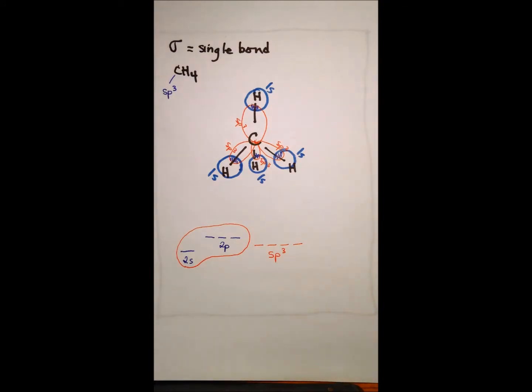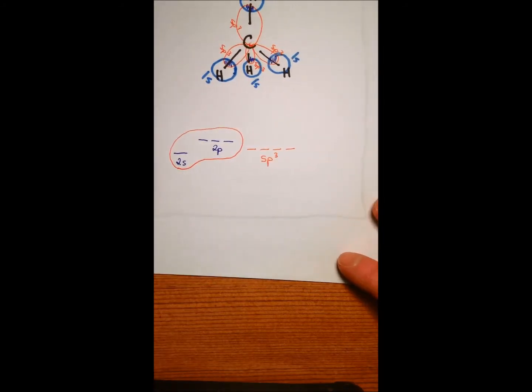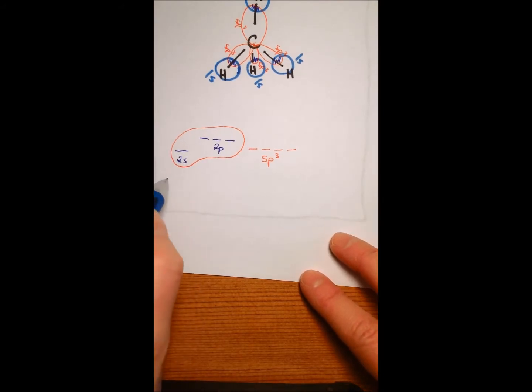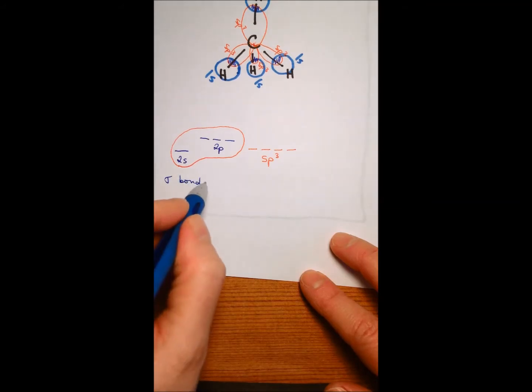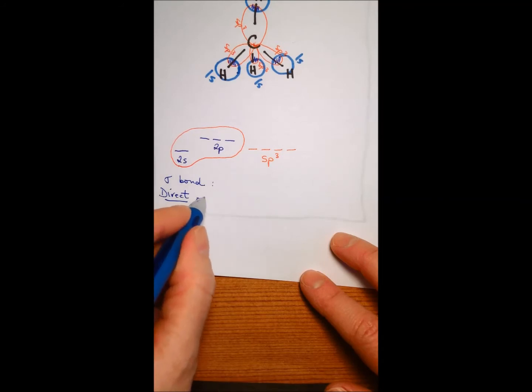Okay? So if I want to describe what a sigma bond is, I write it in the following way. Let me write it down here underneath. Each of these C-H bonds is a sigma bond, which is always a direct overlap.